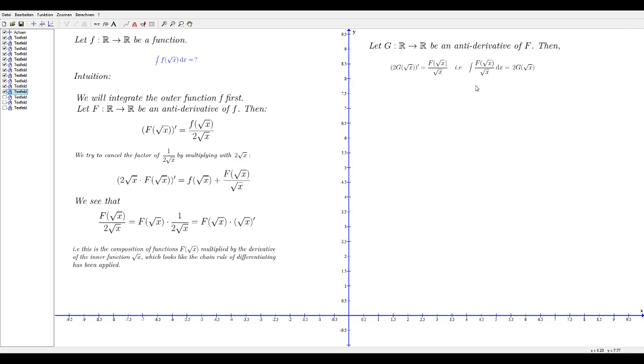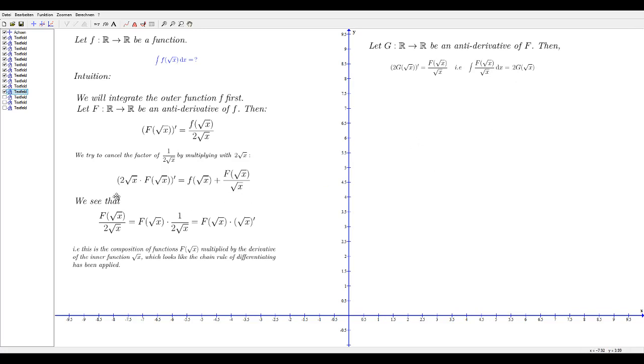Or in other words, the integral of capital F of square root of x divided by square root of x dx is just 2 capital G of square root of x. And with that being said, we can easily remove this error term, capital F of square root of x divided by square root of x, by subtracting something.